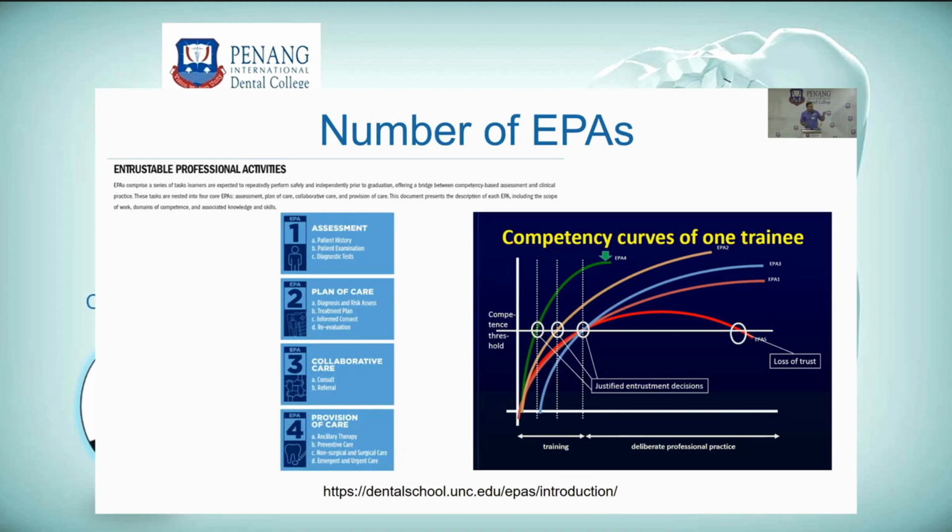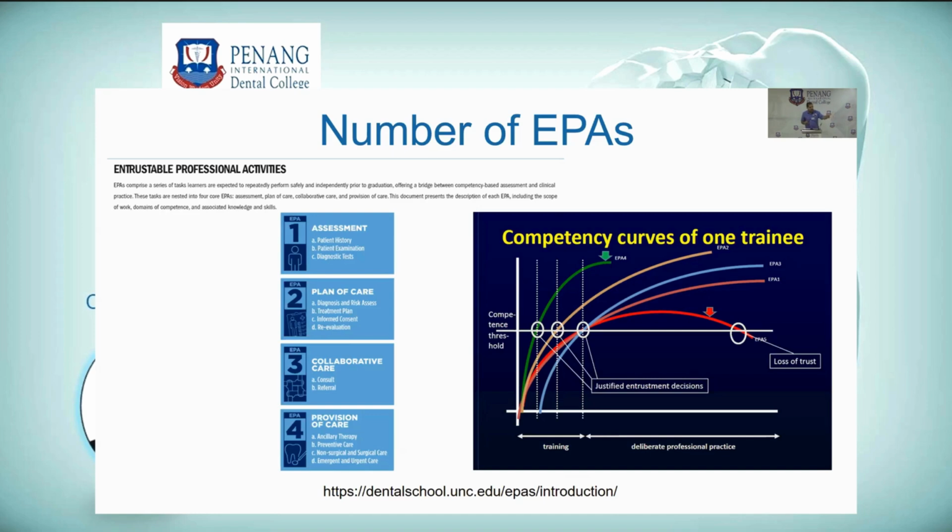So the green one, EPA 4, was achieved very fast and it remained at a high competency level compared to the red one. Though the red one started first, in the initial days of the training, its achievement to the threshold that can be given to the student only happened at the end of the training.